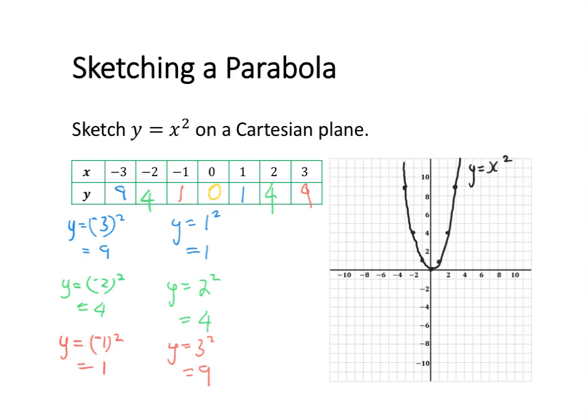And just having a look, our line of symmetry is our y-axis, and our turning point is 0. That's where the line turns around and starts increasing again. So that's an example of how we sketch a parabola using the basic y equals x squared.